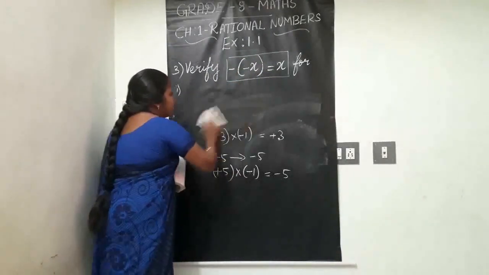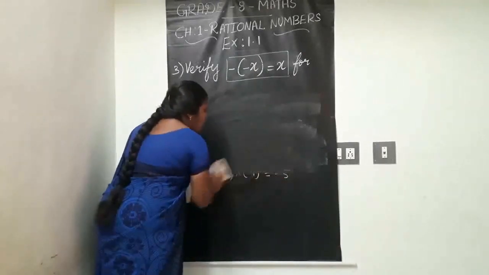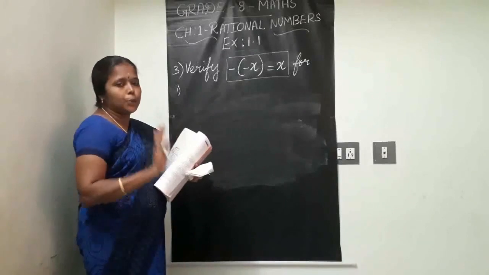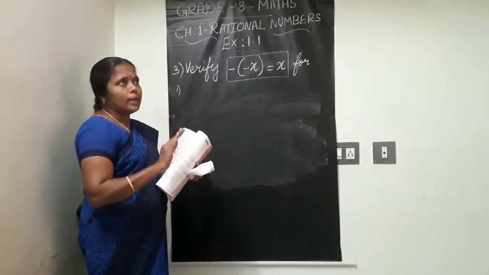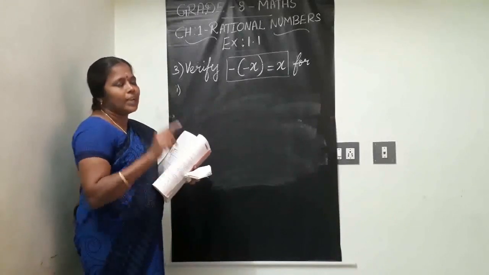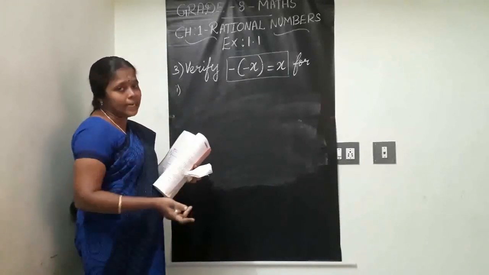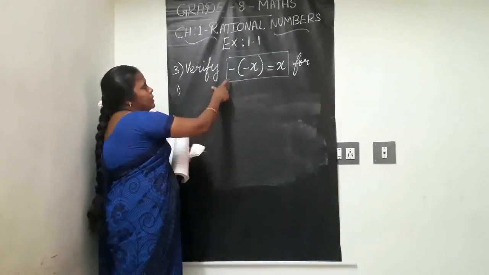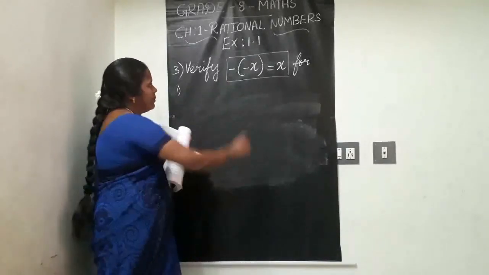Clear? See, again I am telling, if you want additive inverse of any rational number, what to do? For getting one number's additive inverse, what work we have to do? We have to multiply that number by minus 1. Clear? For the related that only this statement is given here.